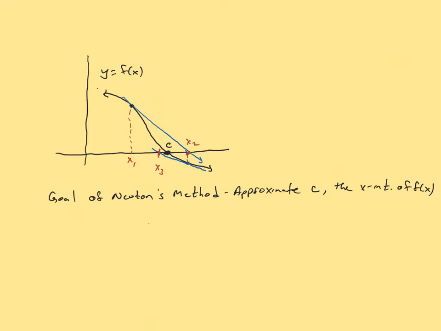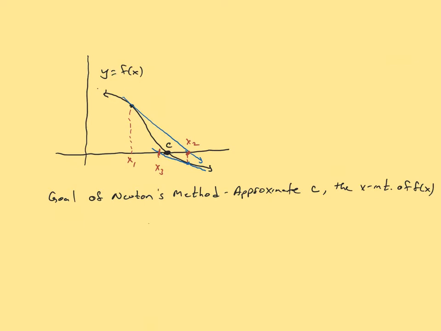And what happens is we're going to approximate this x-intercept, because remember, the tangent line at a particular point is a decent approximation of a function. So we go through at x1, we calculate its tangent line. And from there, we find the x-intercept of the tangent line here, and that becomes our second guess for our value of c.